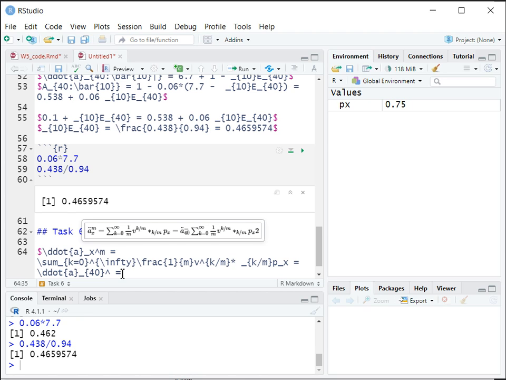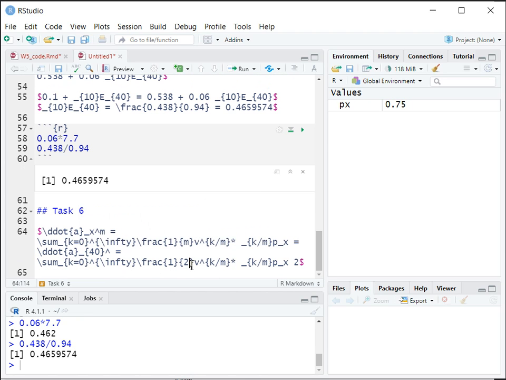So 1 over m, that means we have here 1 over 2.